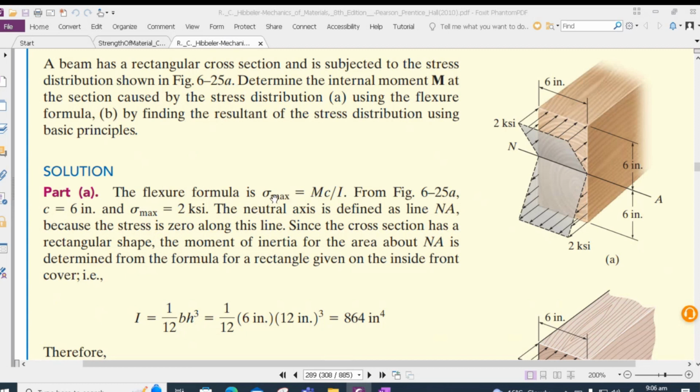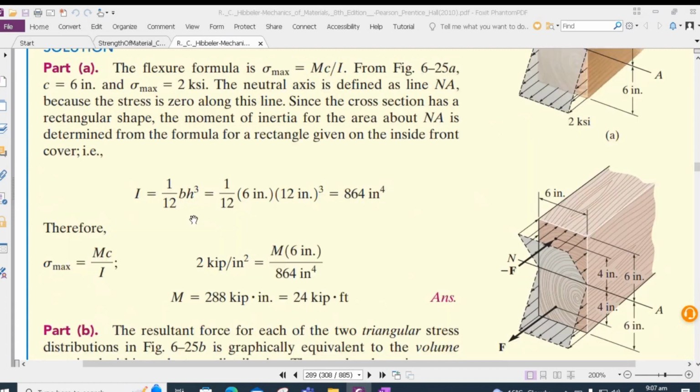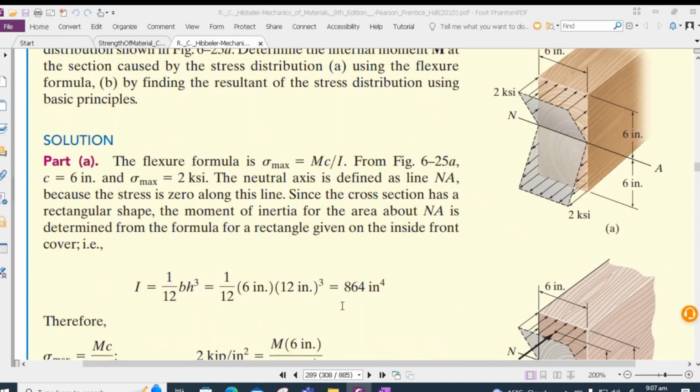Plugging the values in this equation, but keeping in mind that our units are consistent, we can leave 2 ksi as it is, and in the end we will get our moment in kip-inch. So we plug the values and get moment equal to 288 kip-inch, which is equal to 24 kip-foot. So this is the first part.